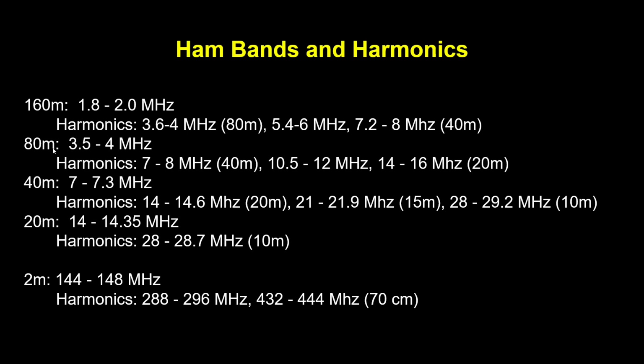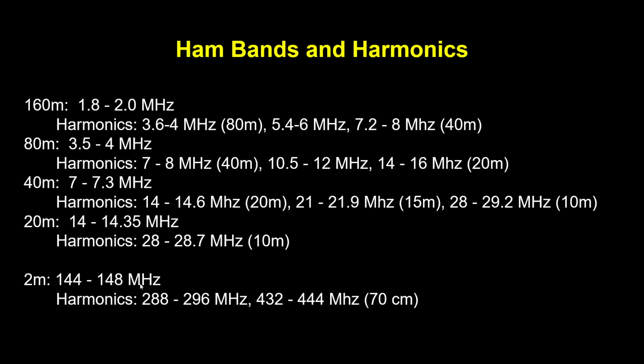Same again with 80 meters: the second harmonic is in the 40 meter band, and the fourth harmonic is partially in the 20 meter band. Same for 40 meter, where it's in 20 meter and a little bit of 15 and 10, and 20 meter is in the 10 meter band.